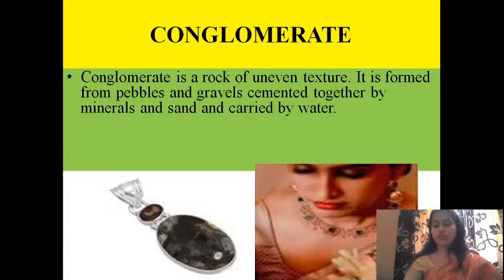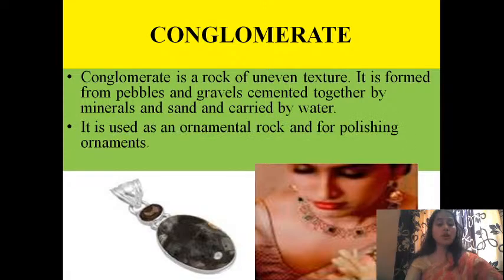So what is the use of this rock? It is used as an ornamental rock. We make ornaments from this rock after polishing. When it's raw, it doesn't look so glossy, but after polishing we can make ornaments from it.